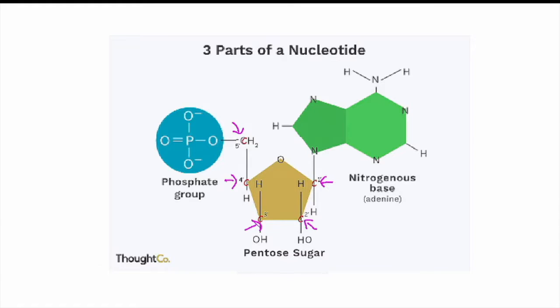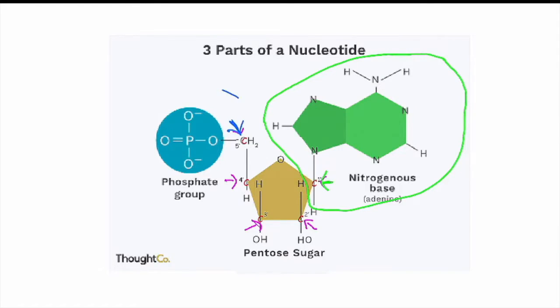Subsequent images will be DNA, to emphasize the fact that it's the same in both. If we look at our 1' carbon, we can see that our nitrogenous base is attached there. If we look over here at our 5' carbon, we can see that the phosphate group is attached there.